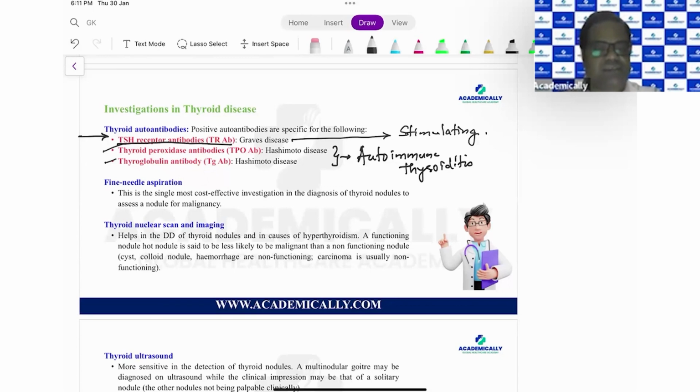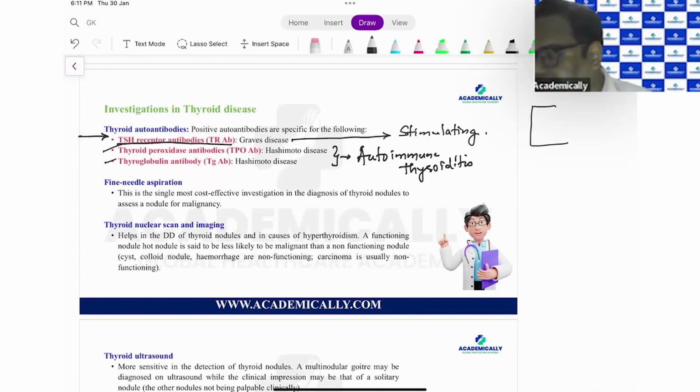So less TSH is secreted, and hence the cells do not have to secrete more T3, T4, and everything gets balanced. But here, these antibodies look exactly like TSH. So this is a TSH receptor, and it goes and sits over here instead of TSH.